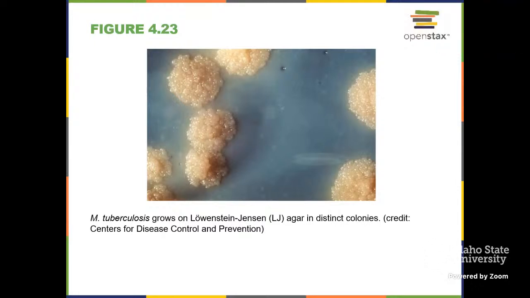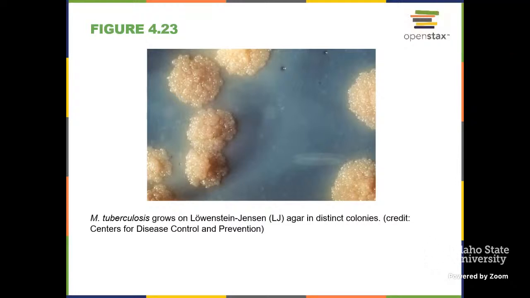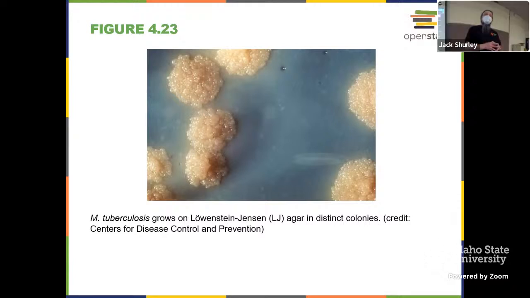Weeks for sure of incubation before you get good growth. If we're thinking real patient situation, we could detect tuberculosis through a sputum sample as we acid-fast stain it. Then we would want to do culture confirmation and do antibiotic testing after that. In order to cultivate it, this is what we think about.